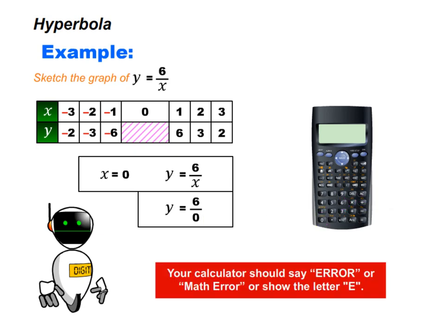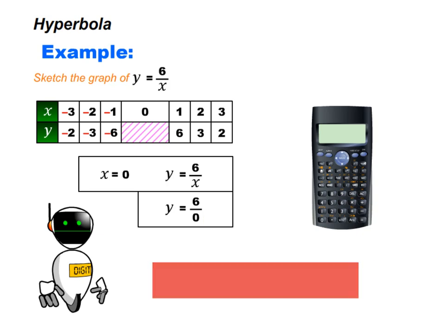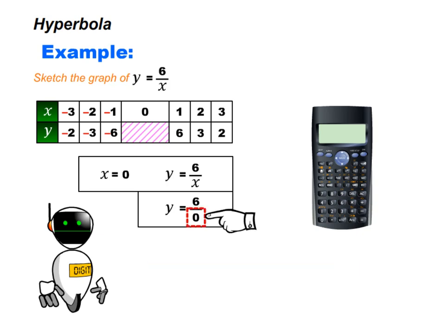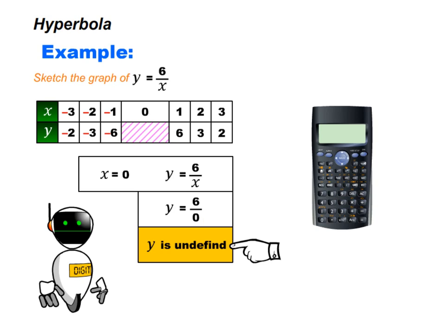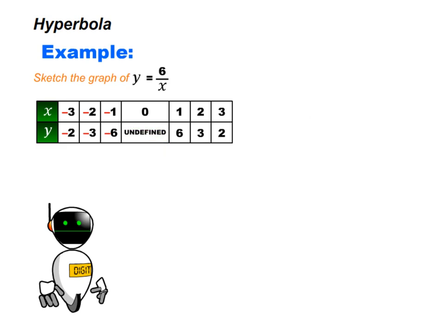Your calculator should say error or math error or show the letter E on the display. Division by 0 has no meaning. So y is undefined. In the shaded block, we are going to write undefined. Now look at the table.